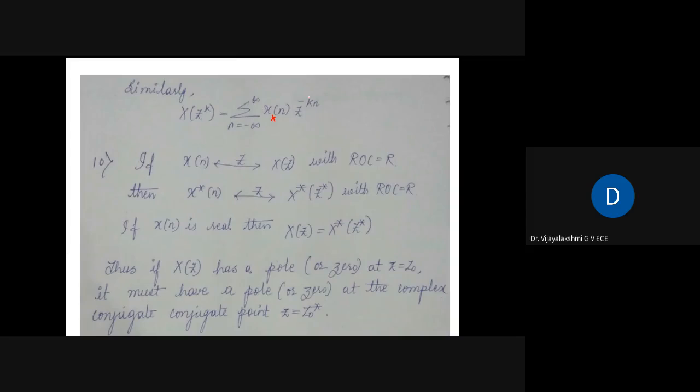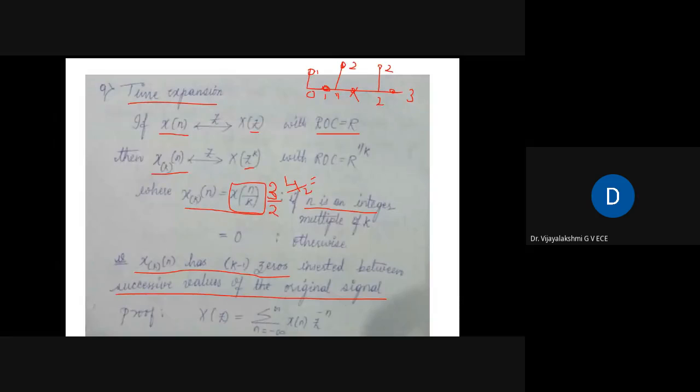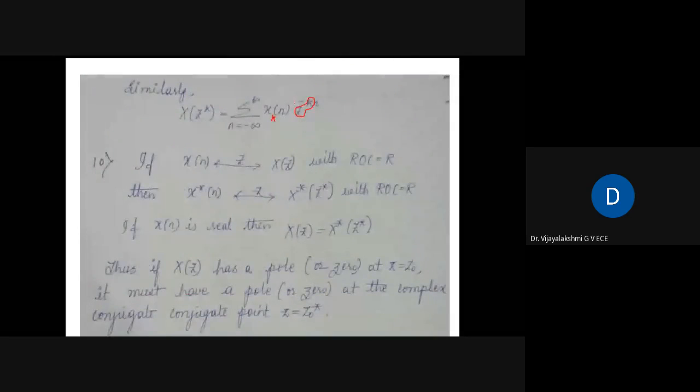That's all. There is nothing else to check here. It is just to verify that if you are adding samples in between, your z becomes z power k. That's it. So it's very simple.